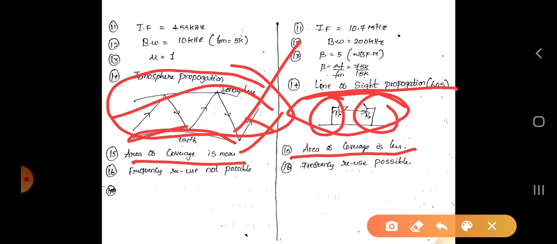Because the area coverage is more, frequency reuse is not possible in AM, because the AM radio frequencies are the same wherever you use them. They won't be different in different places. But for FM radio, it will be different. Nowadays, let us take some example cities.